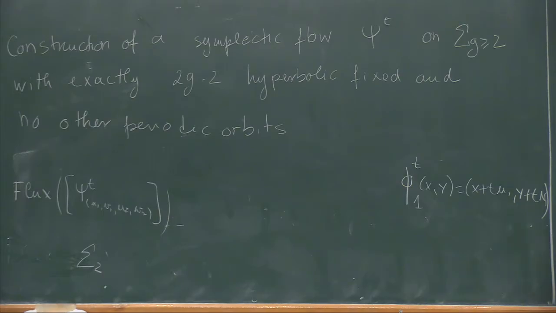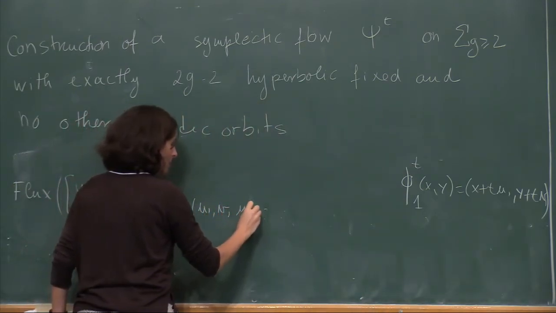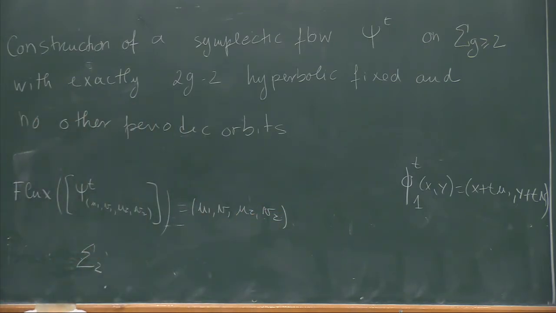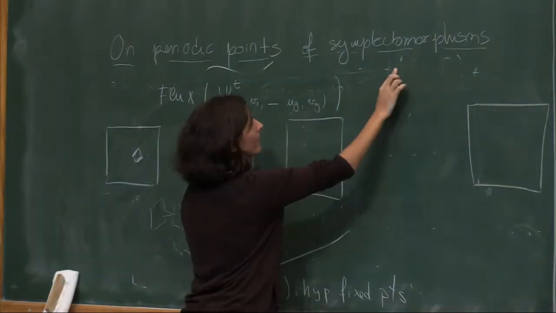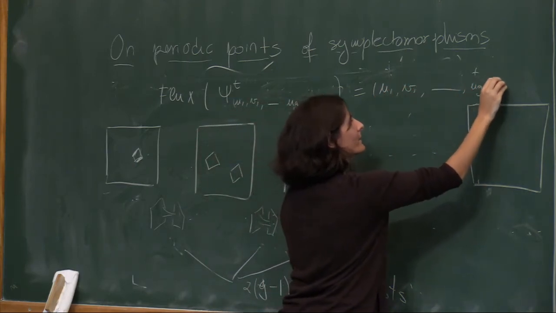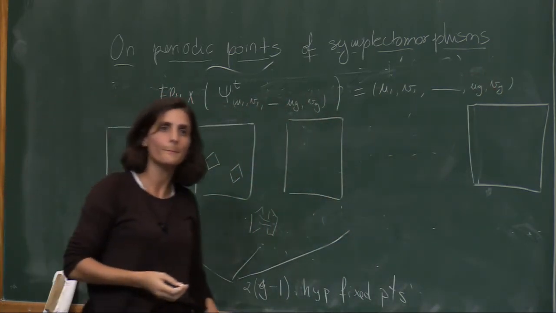And the flux here is given by u1, v1, and here is given by u2, v2. So I can just write this as being u1, v1, u2, v2. And so in general, the flux of psi t of u1, v1, ug, vg is u1, v1, ug, vg, if I identify the flux with the 2g tuple.